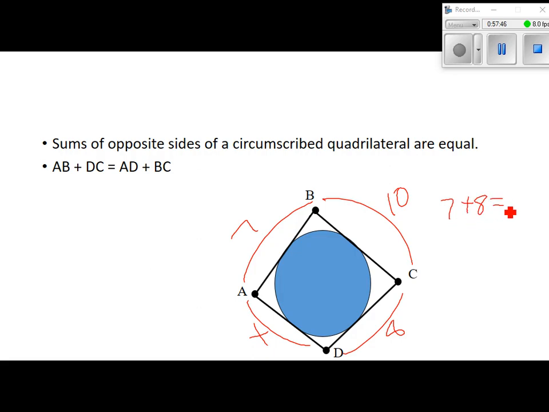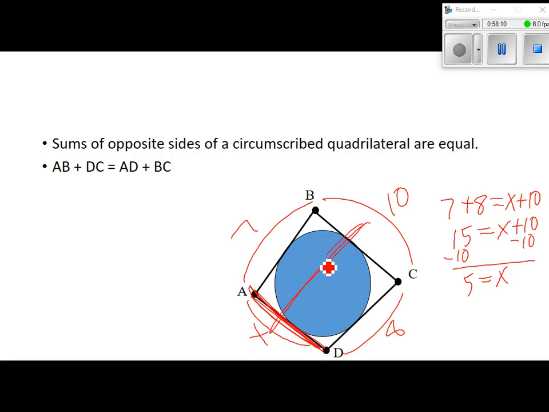Should equal BC plus AD, so that's x plus 10. What is 7 plus 8? 15. How can we figure out what x is? Subtract 10, so x has to equal 5. So how long is this segment right here? It's 5. These two sides added together have to equal those two sides added together every time.